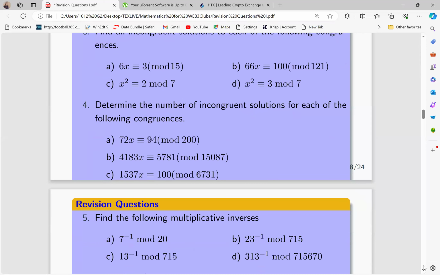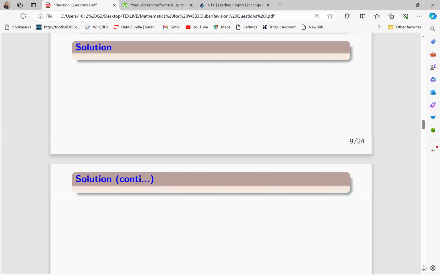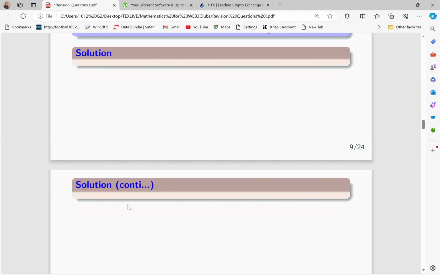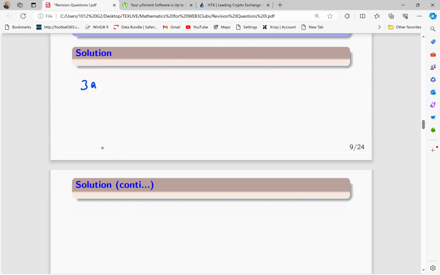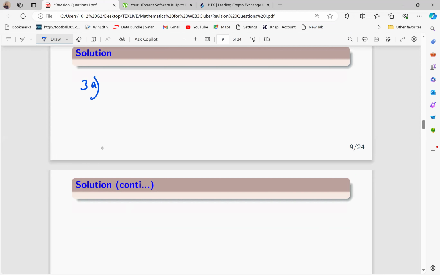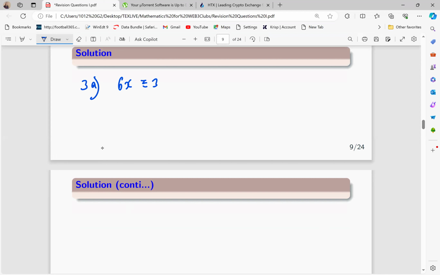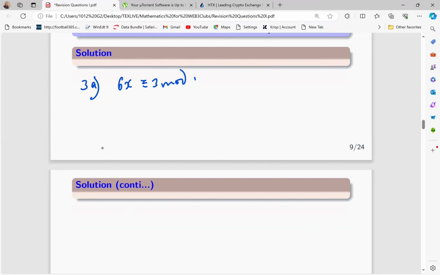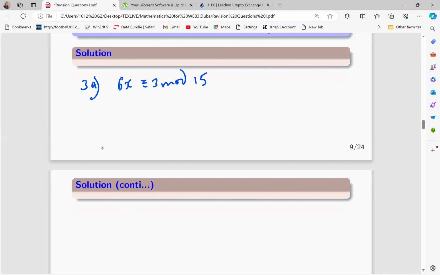So the question, 3A, is 6x is congruent to 3 mod 15. First of all, we have to test if this equation has a solution.